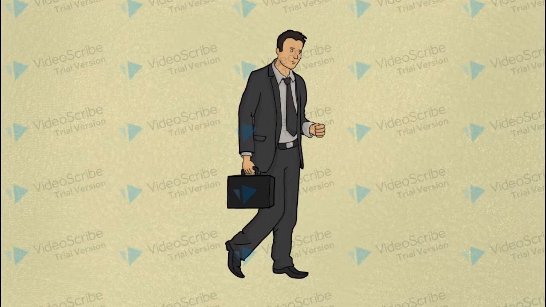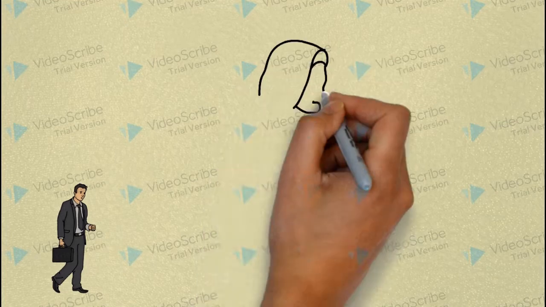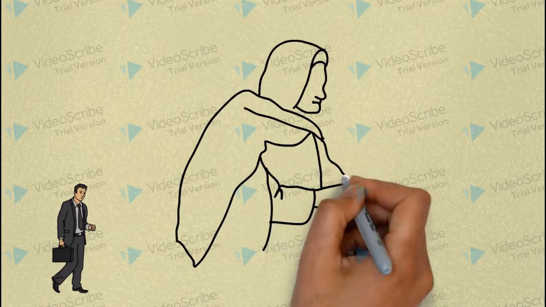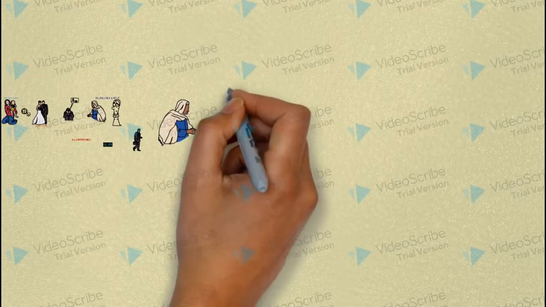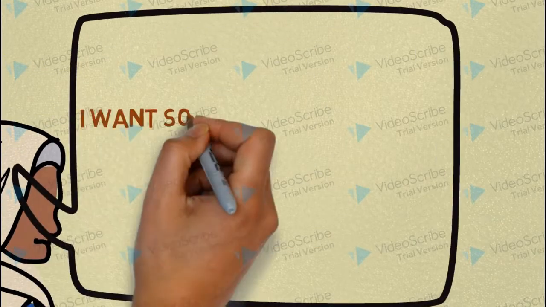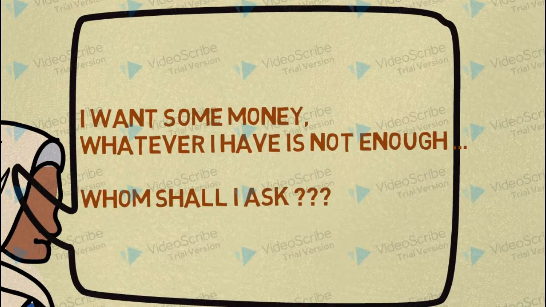Fate has not taken its dark side away from this family. A few months later, the mother had to face a cash crunch and she speaks to herself, "I want some money. Whatever I have is not enough. Whom shall I ask?"